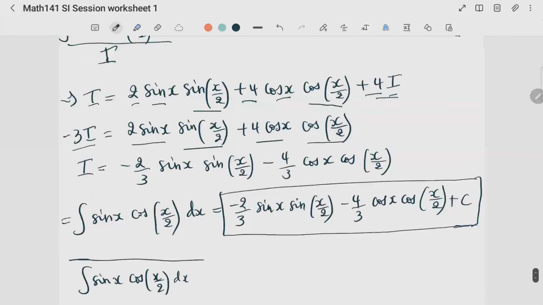Substituting back the value for I, the integral of sine x cos x over 2 dx is equal to negative 2 over 3 sine x over 2 minus 4 over 3 times cos x over 2 plus c. So as you can see, integration by parts does get you to the final answer here.